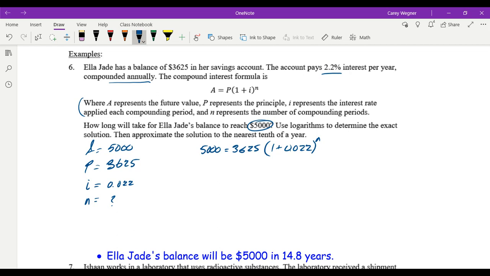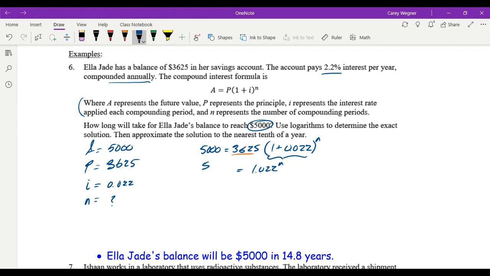So in this next line, I'm going to do a couple things. I'm going to combine these two values into one, which gives me 1.022 to the exponent n. But I'm also going to take this 3,625 and divide it to the other side of the equation.